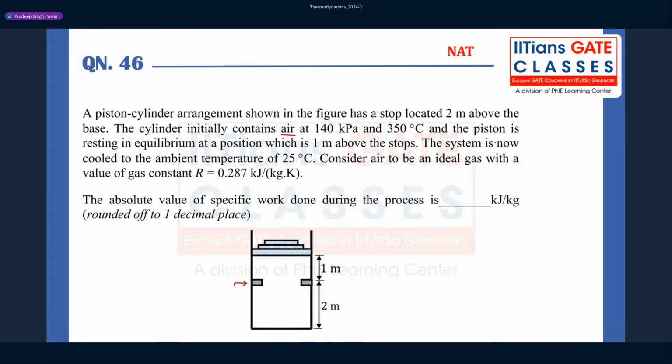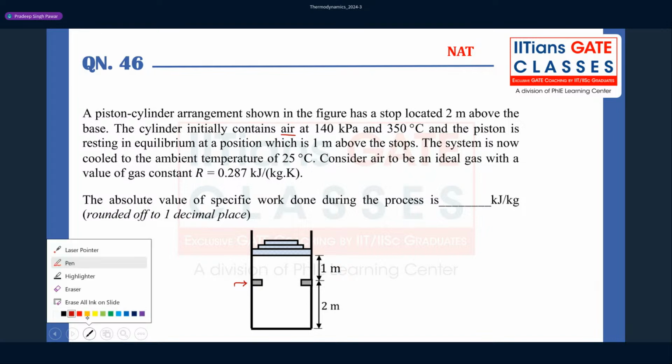The piston is resting in equilibrium at a position which is 1 mm above the stop. The system is now cooled to ambient of 25 degrees. Consider air to be an ideal gas with R value; find the absolute value of the specific work done in the process. How do we calculate it?